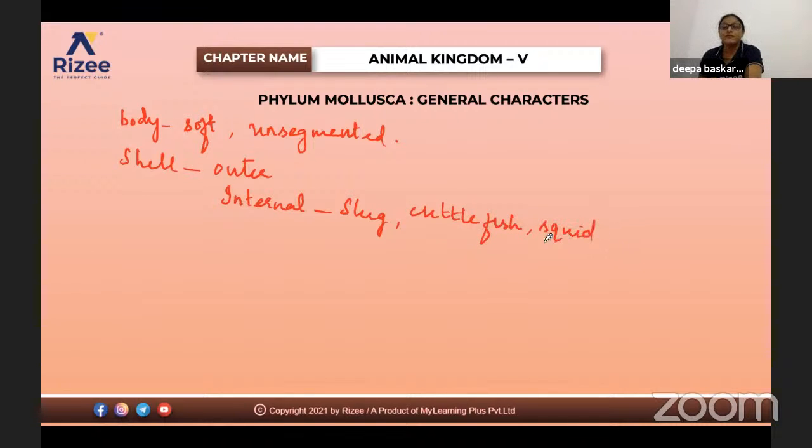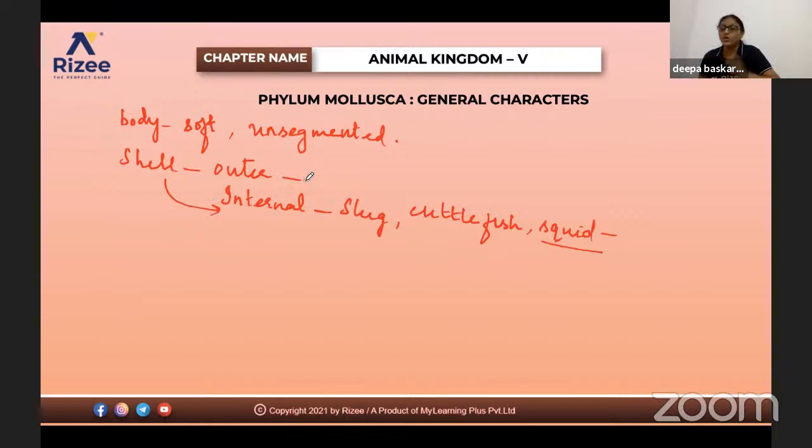See, in a fish shop, when they clean the squid from inside the body, they remove some hard substance. So these are a few examples: cuttlefish, slug, and squid, which have a shell inside the body.